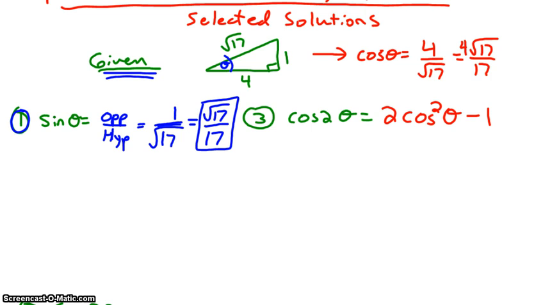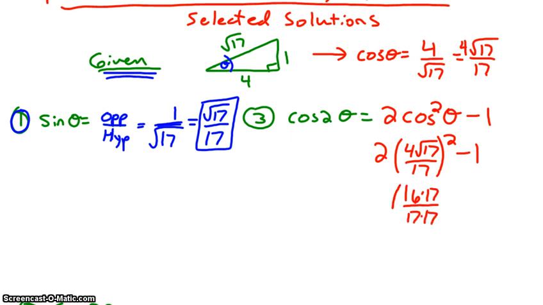Now what that gives me is that I have a 2. My cosine theta is the 4 radical 17 all over 17, and that is going to be squared. And then we subtract 1 from it. In squaring this, I will end up with a 16 times 17 all over 17 times 17 in my parentheses.